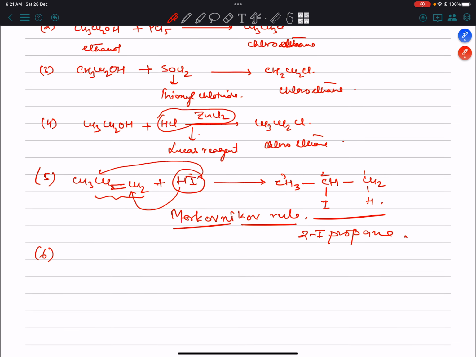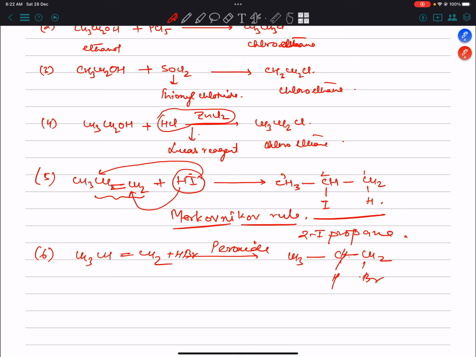Next reaction is if you add peroxide in the above reaction, then the addition takes place according to anti-Markovnikov rule. What does anti-Markovnikov say?